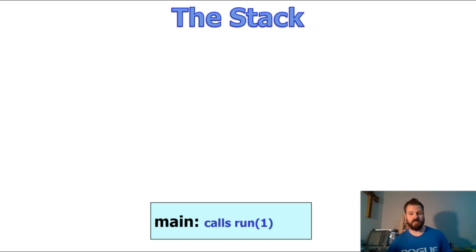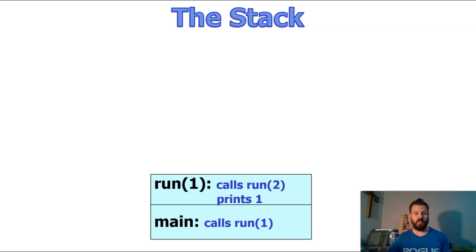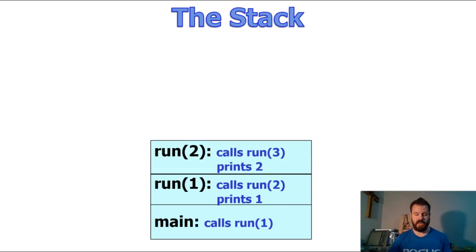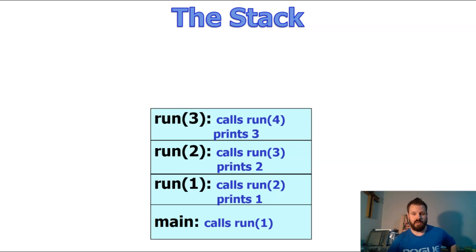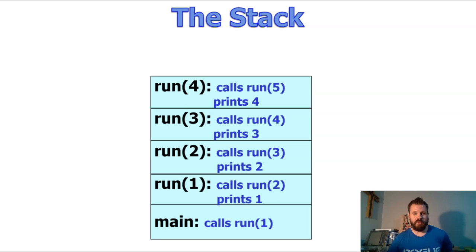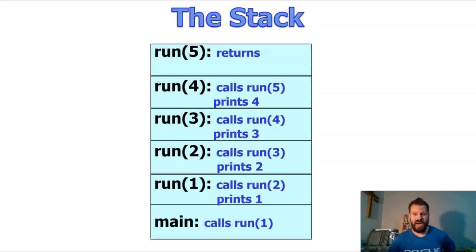Again, from a stack perspective, what's going to happen here is we call run 1. What does run 1 do? Well, it calls run 2 before it prints. So before we can get to that print statement of 1, we have to run all the way through run 2. Same idea, run 2 is going to run all the way through run 3 before it prints, and on up the line until we get to run 5.